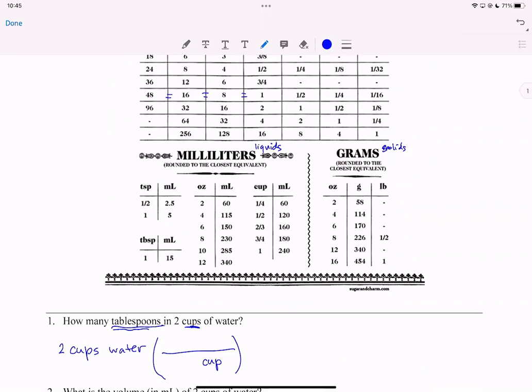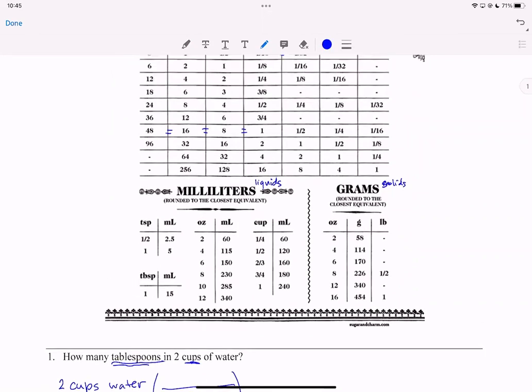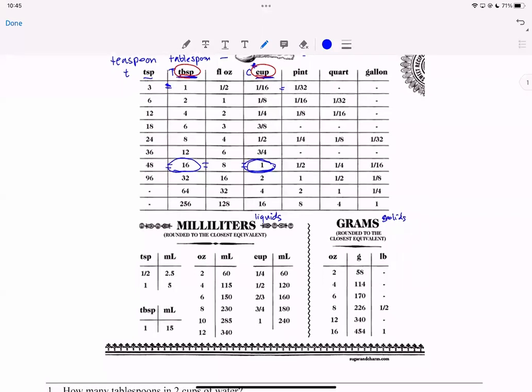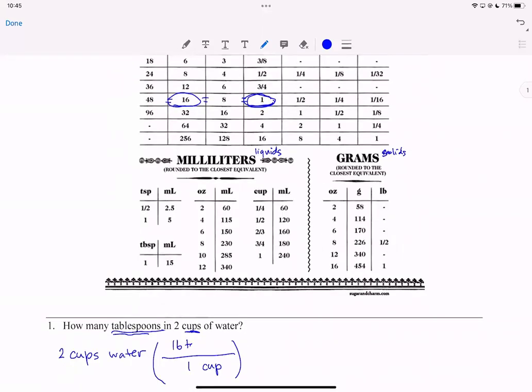And so ideally, it's best to have the 1 on the bottom so that that makes the numbers equal. So I'm going to choose this 1 cup is equal to 16 tablespoons. So 1 cup is equal to 16 tablespoons. And that makes the numbers easiest, okay?